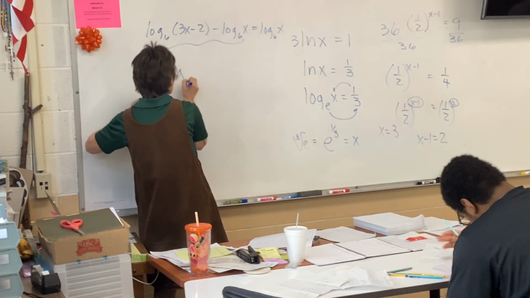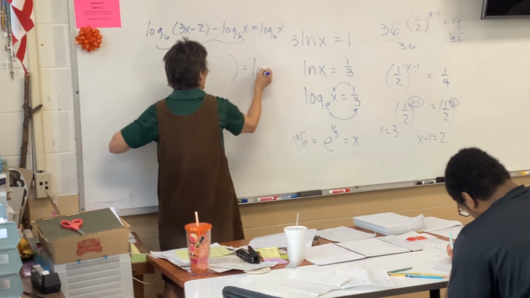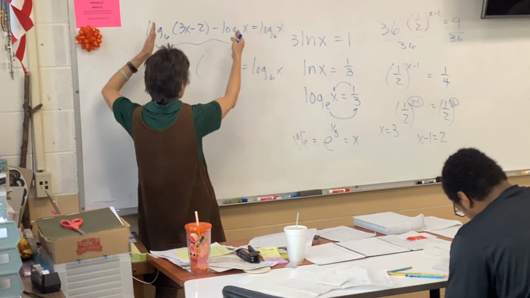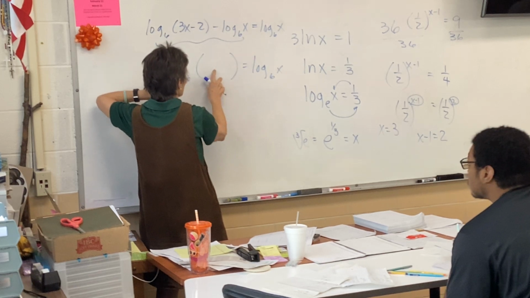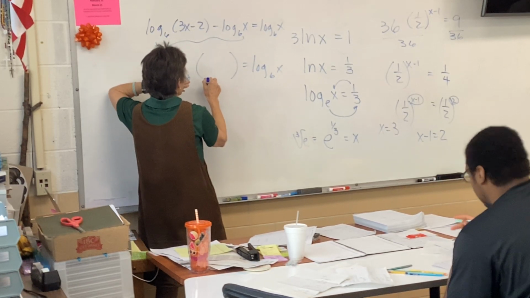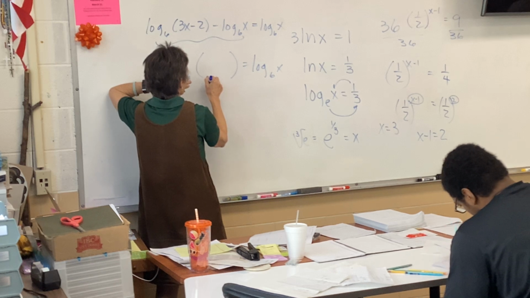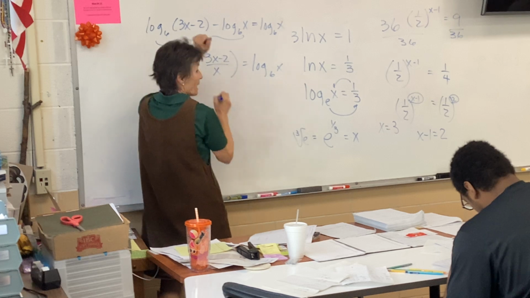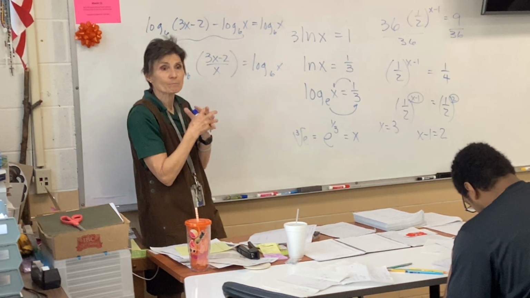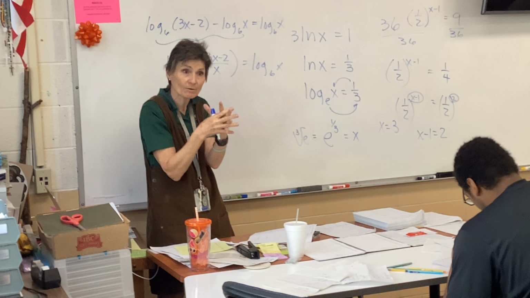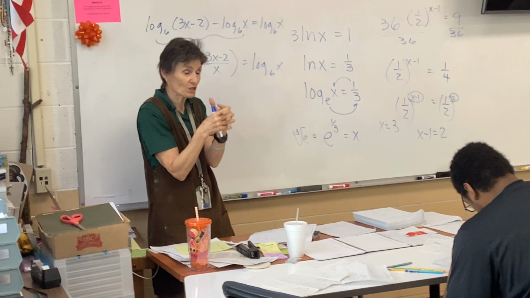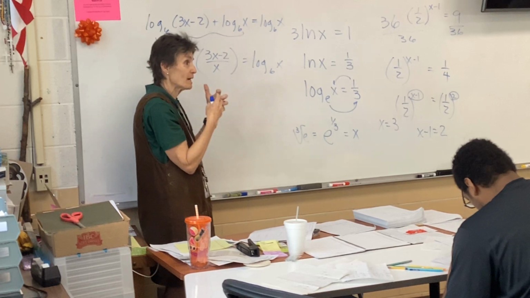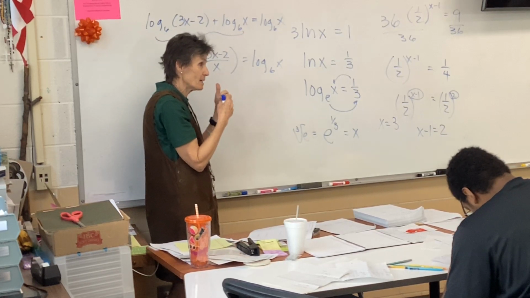This one's okay, and the other side's fine. These 2 are going together. What am I gonna put in here? 3x minus 2 over x. Remember, in a subtraction problem, when you put it together, it becomes a division. If that had been an add sign, when I put them together, it would be a multiplication.